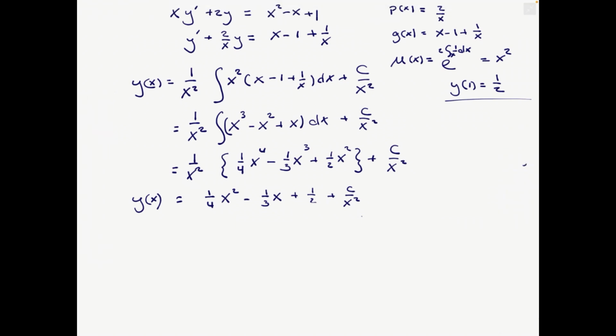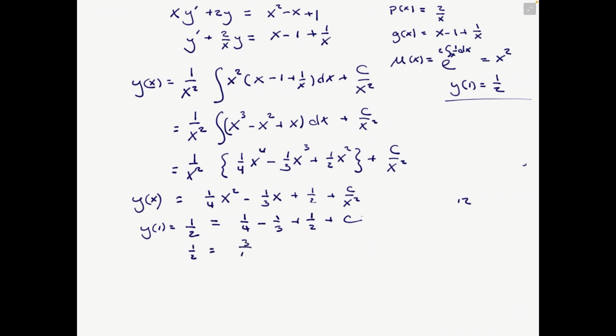Okay, we got the general solution. So y of 1 equals 1/2 equals 1/4 minus 1/3 plus 1/2 plus c. I don't know what I was doing. So the common denominator is 12.